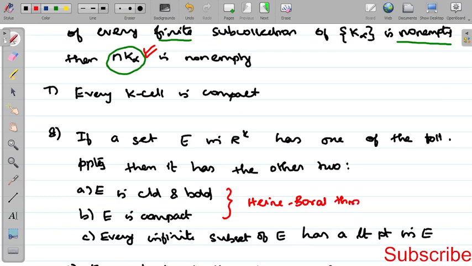So if E is closed and bounded, definitely that set is compact. Then if E is compact, then every infinite subset of E has a limit point. This is one of the results: every infinite subset of a compact set, because here it is given E is compact, has a limit point.